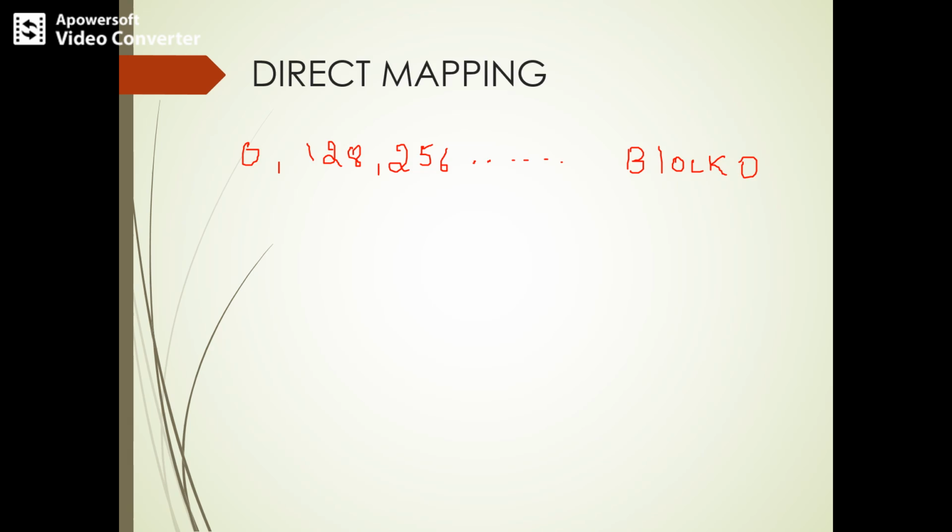So we have to consider block J modulo 128, where J is nothing but the blocks of the main memory.